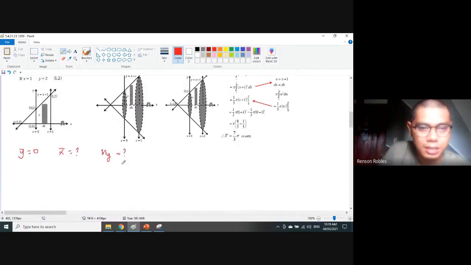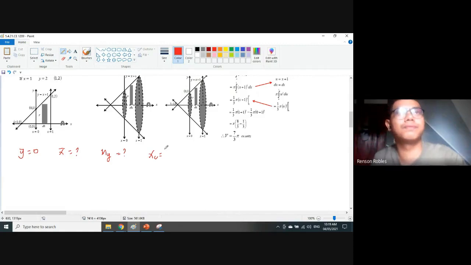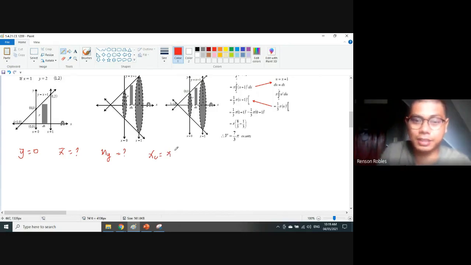And then look for xc. If the element chosen is vertical, xc is what? X po. That's x. Okay, you recall that one, huh?